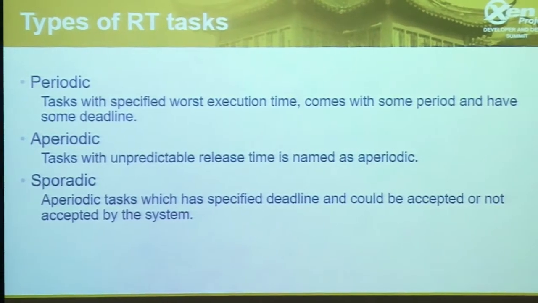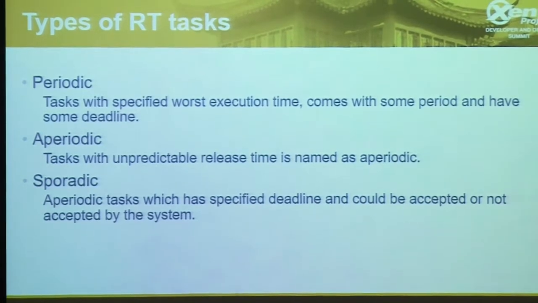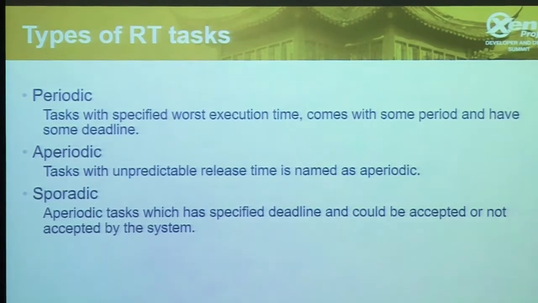Then the types of RT tasks. Theory says there are 3 types of RT tasks: periodic, aperiodic, and sporadic. Mostly periodic tasks are investigated and have, I would say, a bigger theory basis.